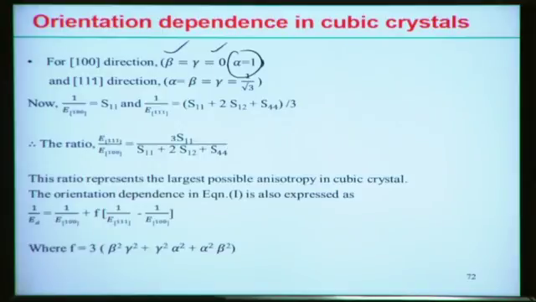Similarly in the case of the 1 1 1 direction, the direction cosines alpha, beta, gamma are equal to 1 by root 3.